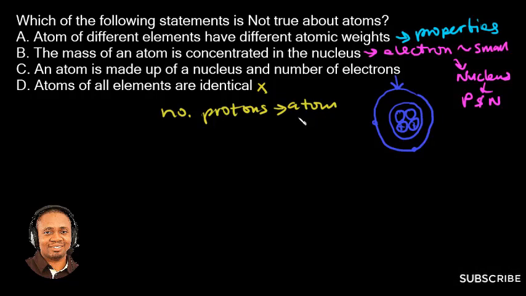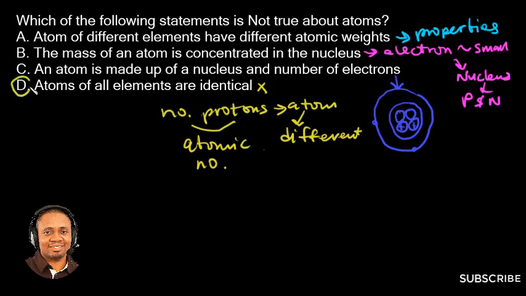It makes an element different from another element. So the number of protons in an atom is also called the atomic number. So answer option D is not a true statement about atoms. So this is the correct answer.